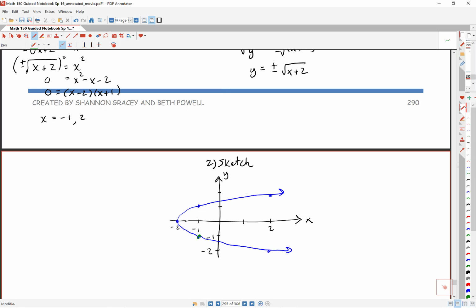So we'll have an ordered pair at 1, 1, and an ordered pair at 2, 2. We'll have something like this. Okay? So our region changes a little bit, right? Sorry, 0, 0 is also.